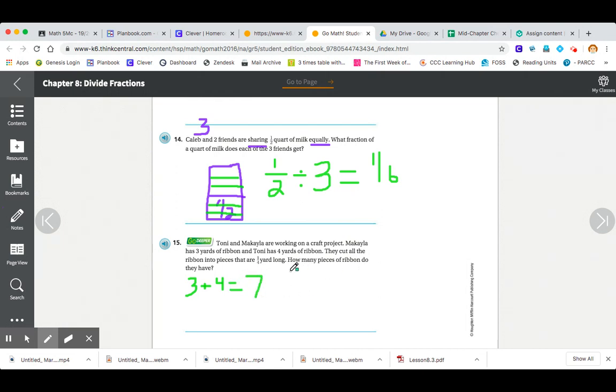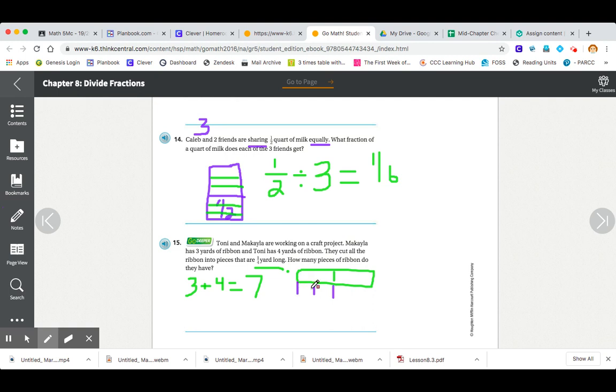So now picture, they're cutting these 7 yards of ribbon up. So I'm going to think, how many fourths are in 1 yard? There are 4 fourths in 1 yard. Here's my 1 yard of ribbon. And in that 1 yard of ribbon, there are 4 fourths, right?